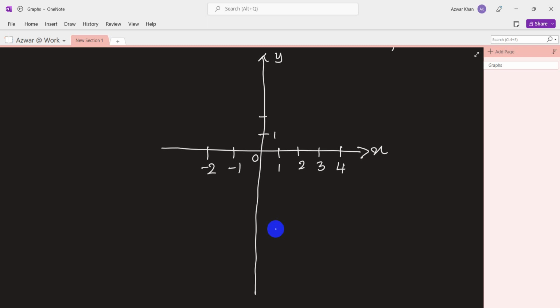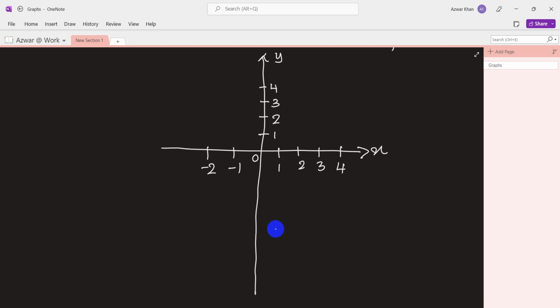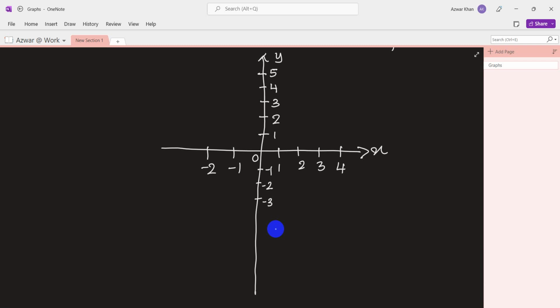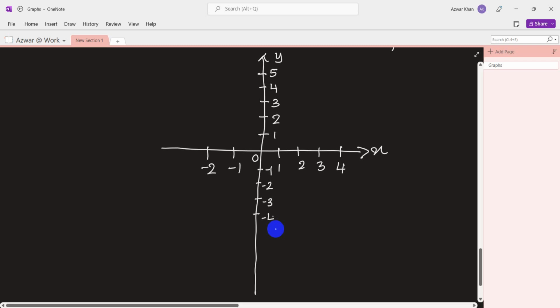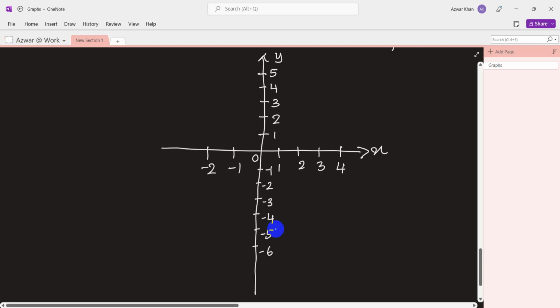So let's say 1, 2, 3, 4 and 5, and the negative range goes from -1, -2, -3, -4, -5, -6 and -7.